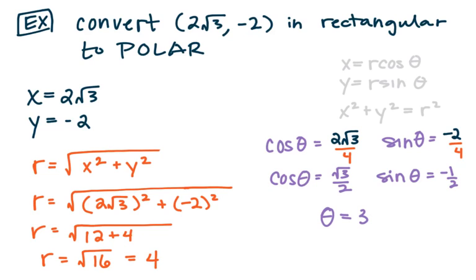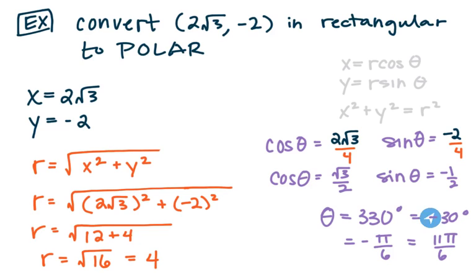Theta equals 330 degrees. You could say negative 30 degrees if you wanted as well. Either of those works. You could list it in radians, negative pi over 6, because this is my 30-degree angle in quadrant 4. So lots of different ways we could list this. 11 pi over 6.